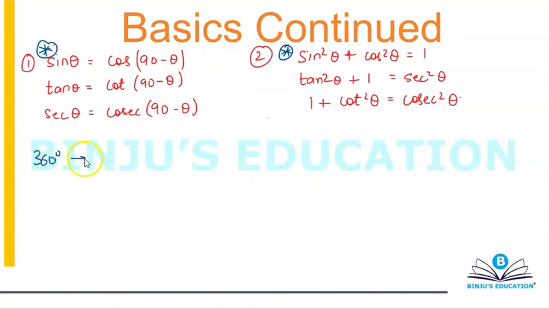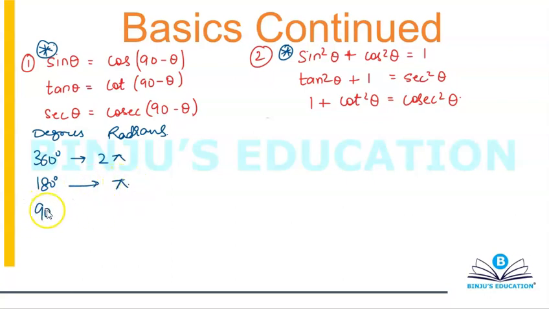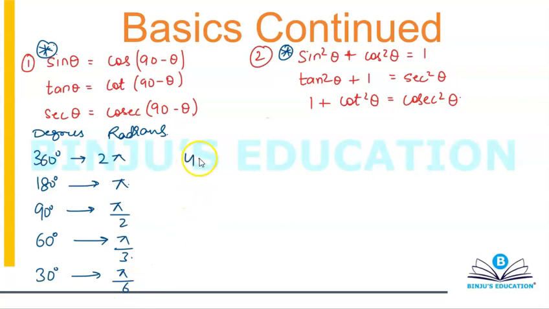So some of the basic ones that we use are: 360 degrees is equal to 2 pi radians. Then 180 degrees is equal to pi radians. 90 degrees is pi by 2 radians. 60 degrees is pi by 3 radians. 30 degrees is pi by 6 radians, and 45 degrees is pi by 4 radians.